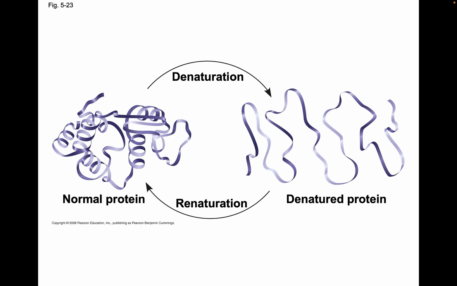But if I heat this up, it's going to disrupt the weak interactions that stabilize conformation as well. And so what happens is I heat that thing up, the proteins begin to arrange themselves in a different shape, and rather than the protein being the shape it's supposed to be, it's going to denature and solidify.